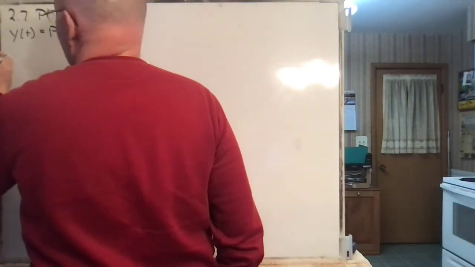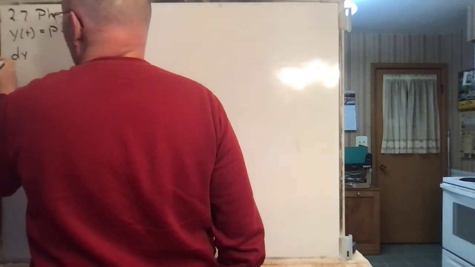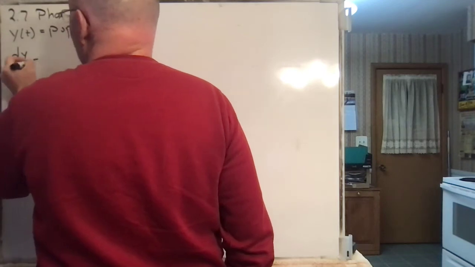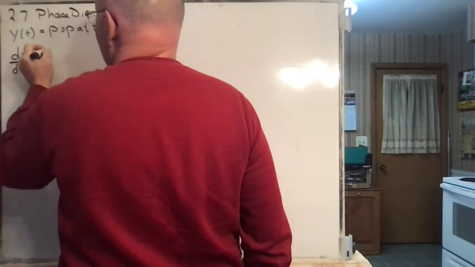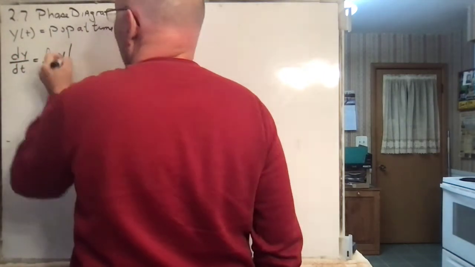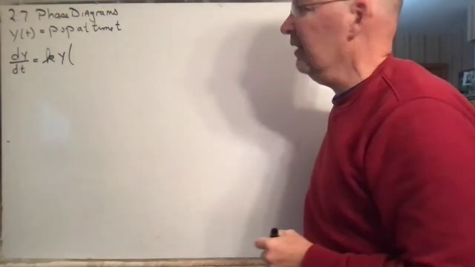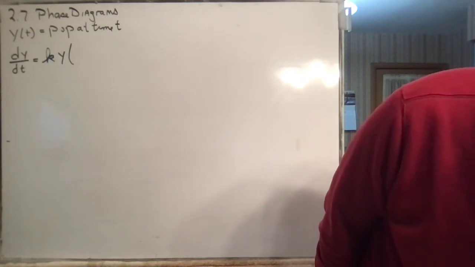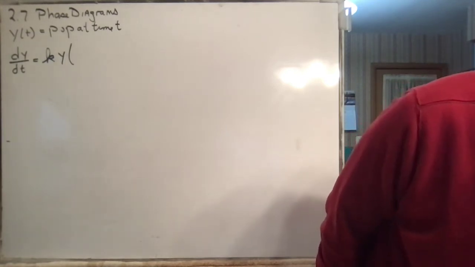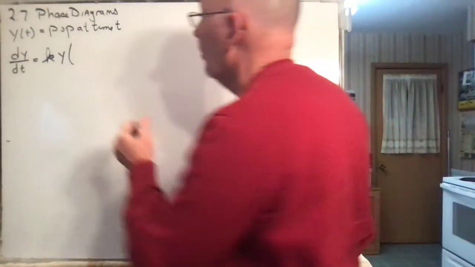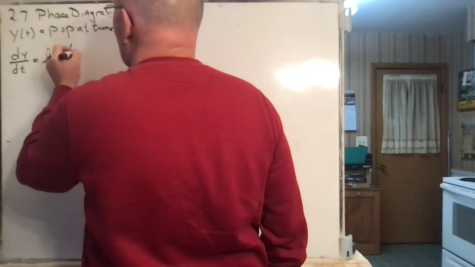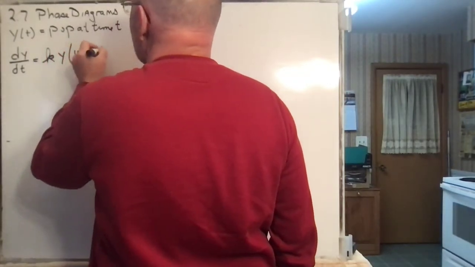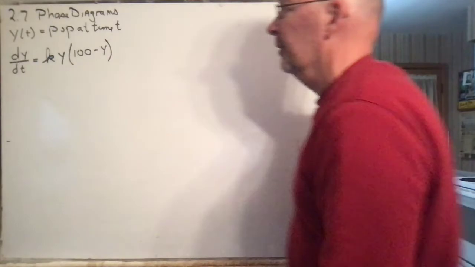And if we have a carrying capacity, then dy/dt is equal to, what did we say it was? It was ky times, we have some sort of carrying capacity. Let's choose the same as in the book. In the book I made the carrying capacity 100. So we'll make it 100. So it's going to be 100 minus y.